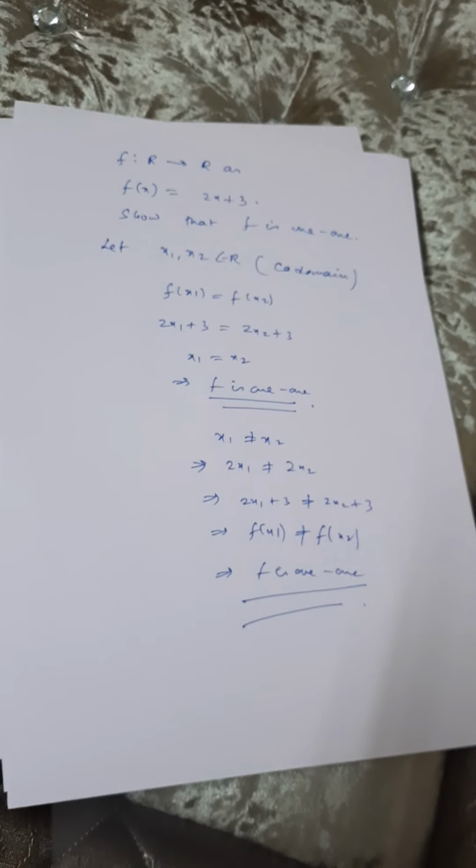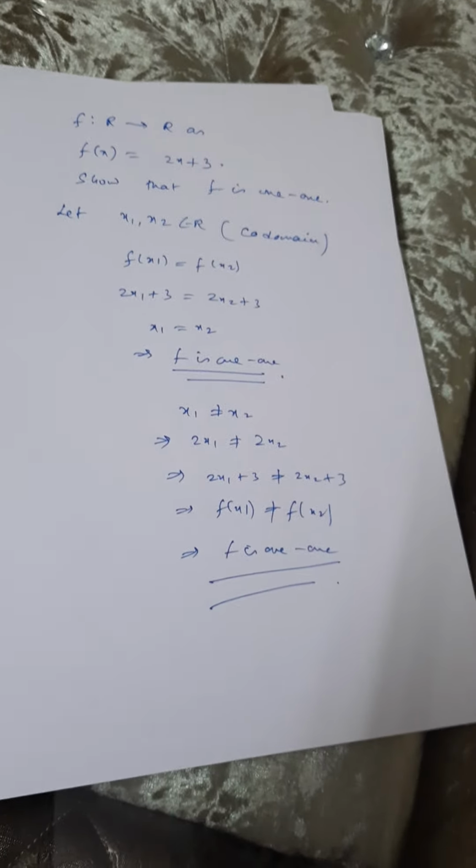So this is the case where function f is one-one. The case where function f is not one-one, you have to show usually by example, or you can also show by the proper method and explanation, but after that one step you will contradict that.